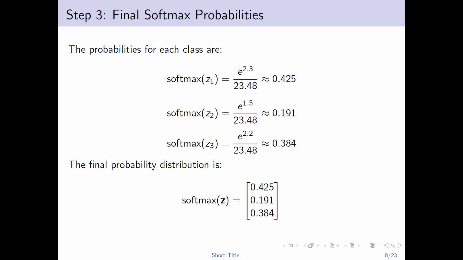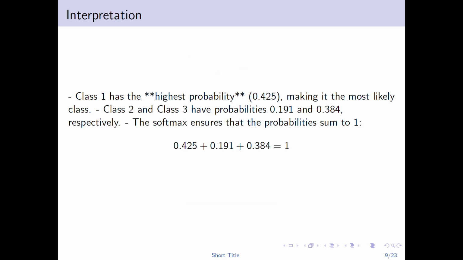So the output of the 3 neurons corresponds to this matrix. What does this mean? The output from the first neuron has a higher probability. So the inputs that we have provided have a higher chance of belonging to the first class rather than the other 2 classes. That is the interpretation.